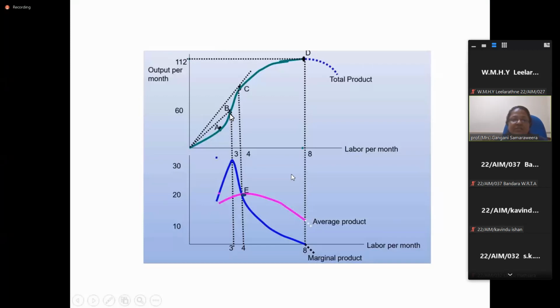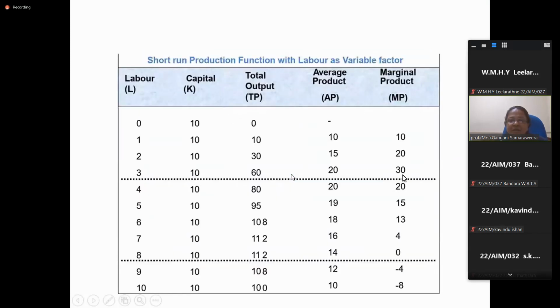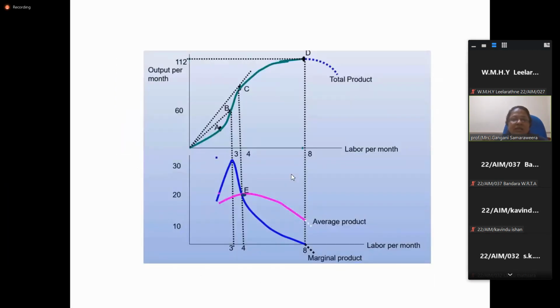Marginal product is maximum at that point. 30 is the maximum. So at that time, we use 3 units of labor, capital say. Total output is 60. Okay. So the same thing we can put in the diagram.